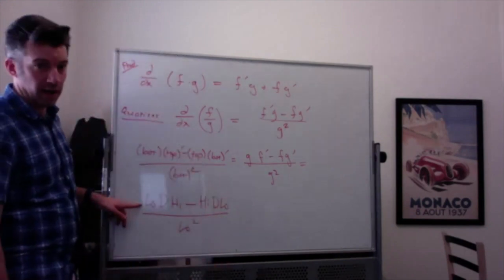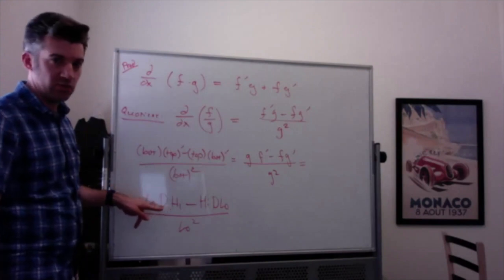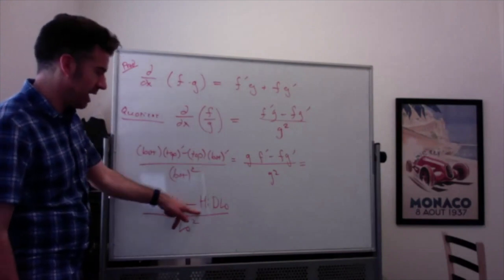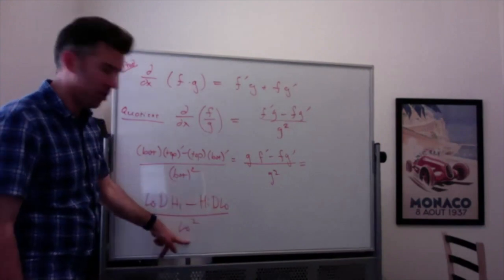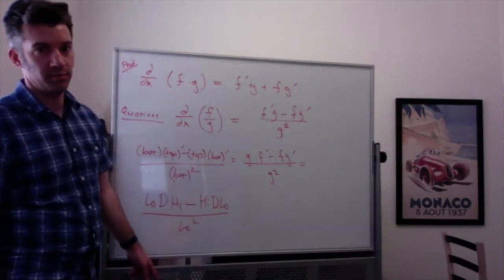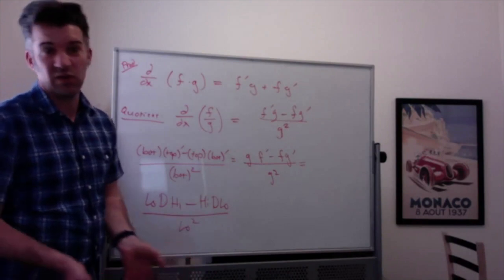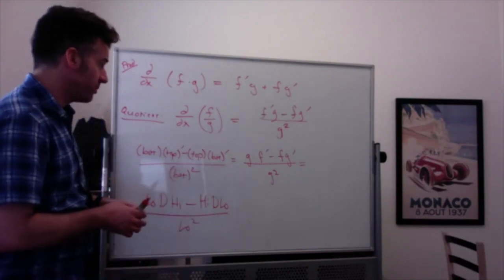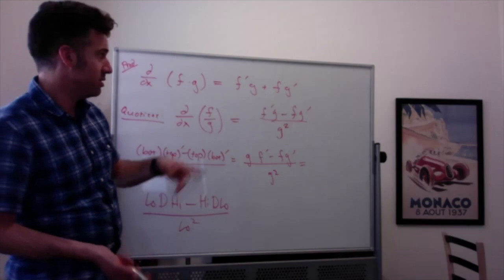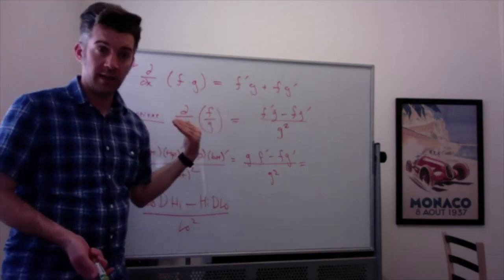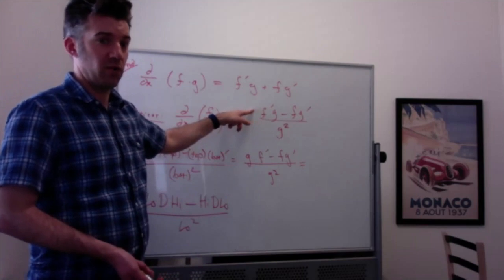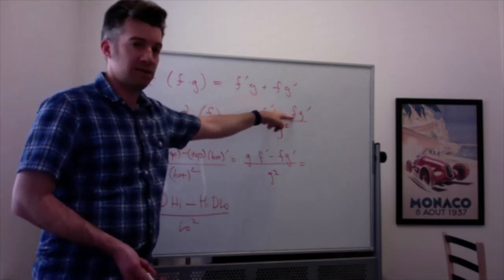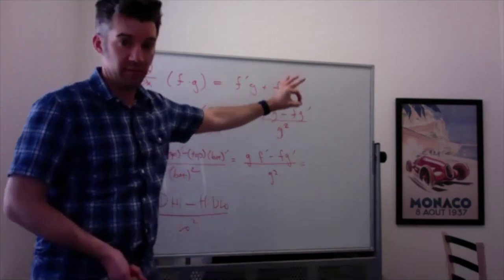Where low is the bottom, D high is the derivative of the top, minus high, the top, times D low, the derivative of the bottom, all over low squared, the bottom squared. Or if you've got something else that works for you, use that. Just remember, it is vital that you get the order of subtraction correct. It has to be the bottom times the derivative of the top first, minus the top left alone times the derivative of the bottom.